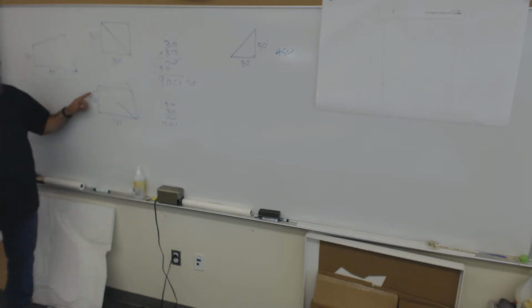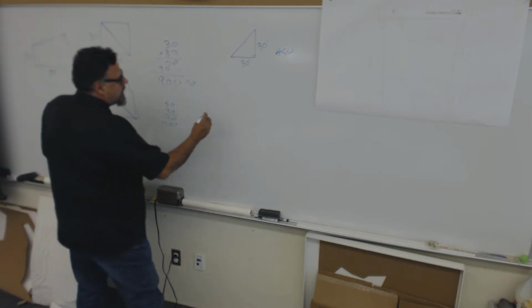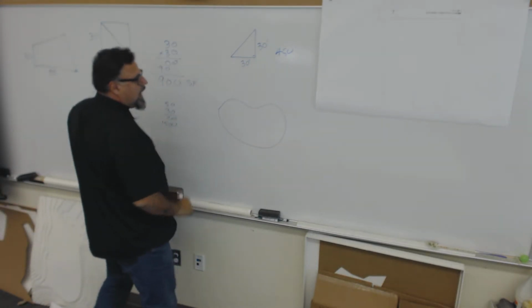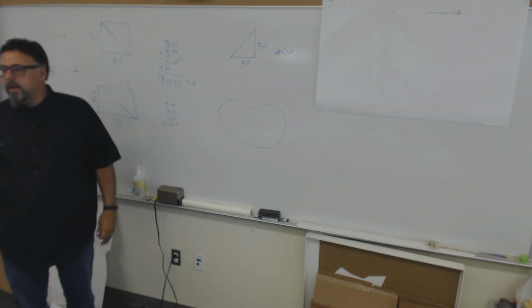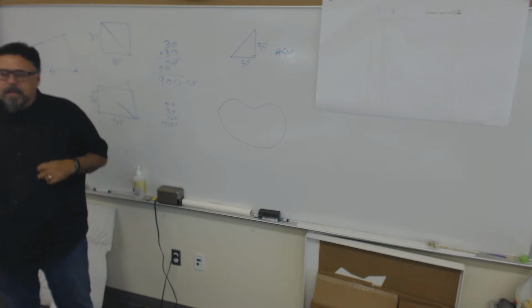Nobody should ever confuse this for 3,000 square feet. Okay? So if you have a shape that might be like that, one quick, easy way to get pretty close is by eyeballing it.